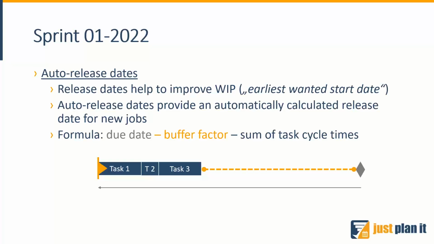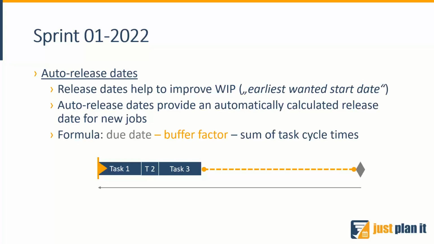But on the other hand, there is a, let's call it a risk that some of your tasks, especially in the early stages of your routing and succeeding a potential bottleneck, tend to be scheduled too early, in the sense that you would like them to actually start a bit later to improve the WIP.